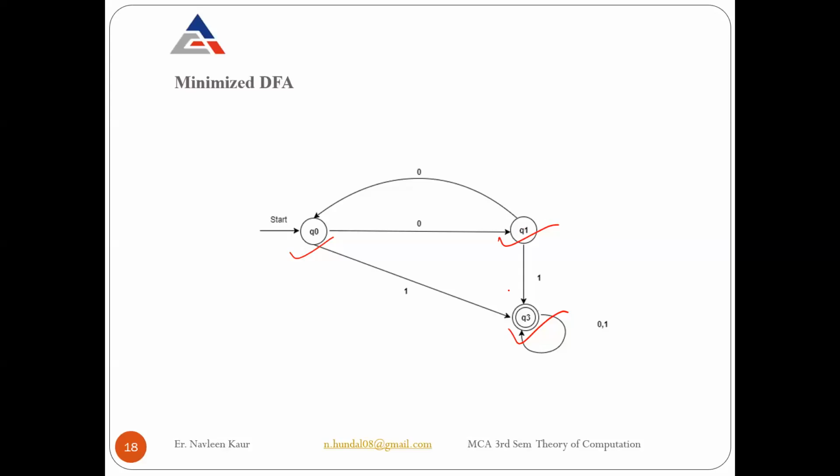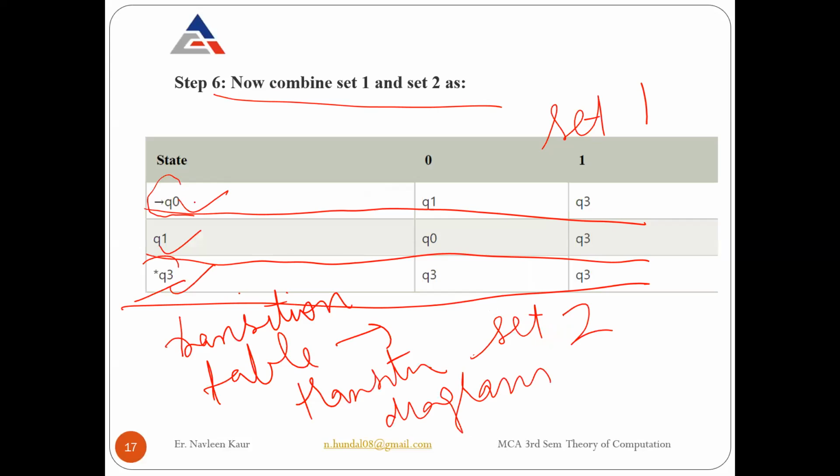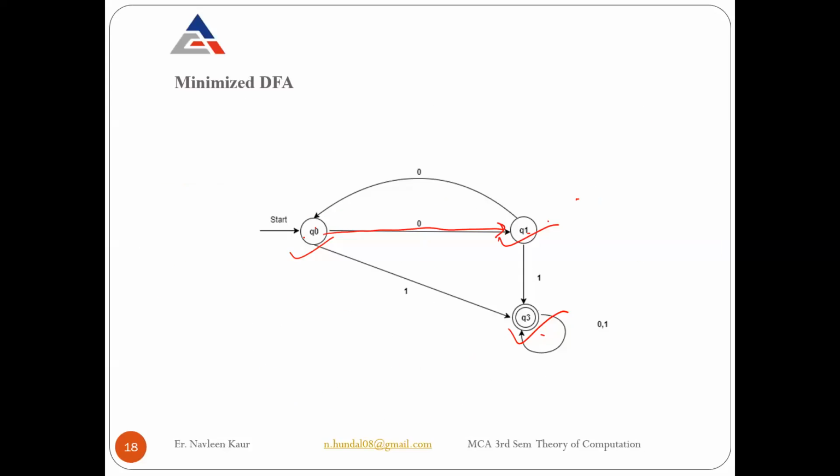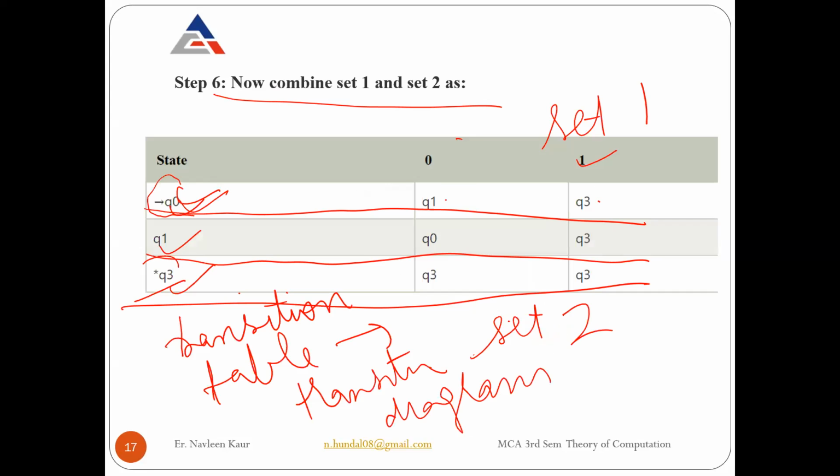Q1 is not a final state, it is a normal state. Q0 on getting 0 reaches Q1. Q0 on getting 1 reaches Q3. So this is how you can generate the entire transition diagram.